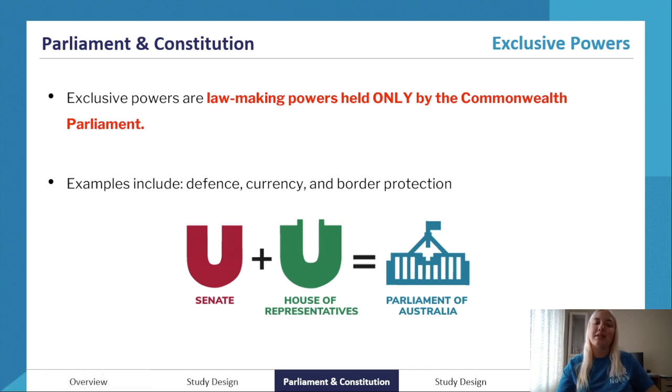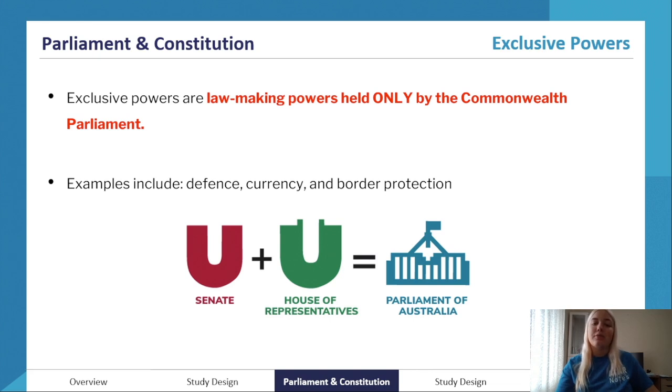So these include things like defense, military, the currency within Australia, border protection, import and export outside and into Australia with other countries, and signing treaties and declarations with other countries, things like that.